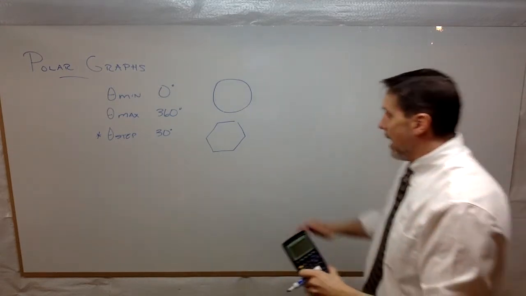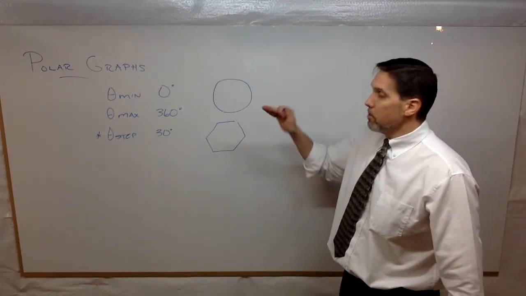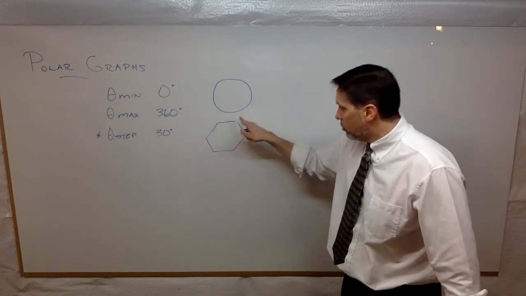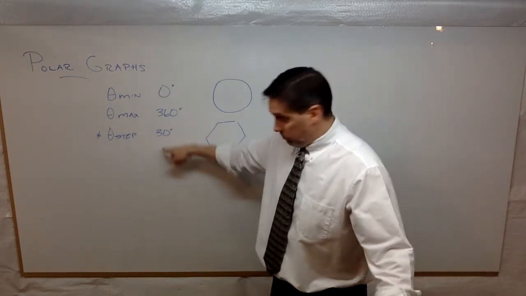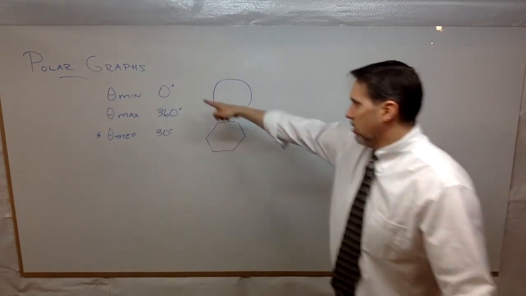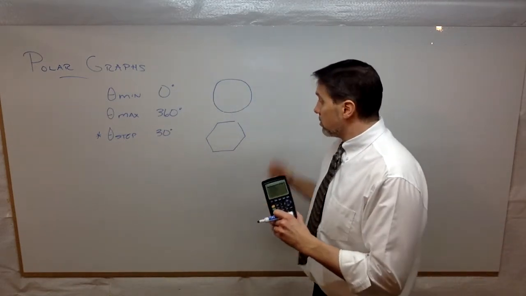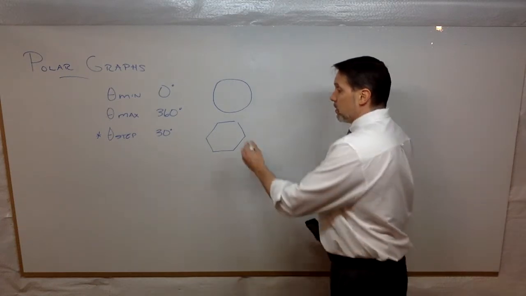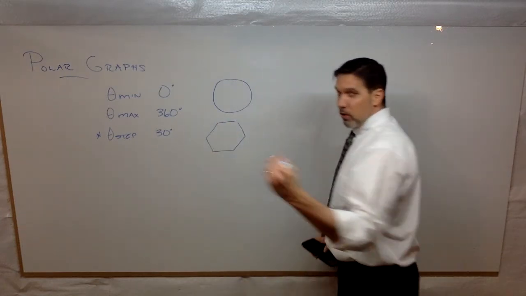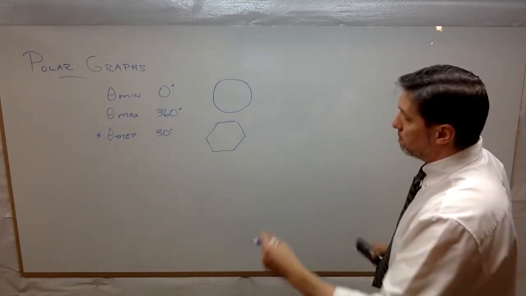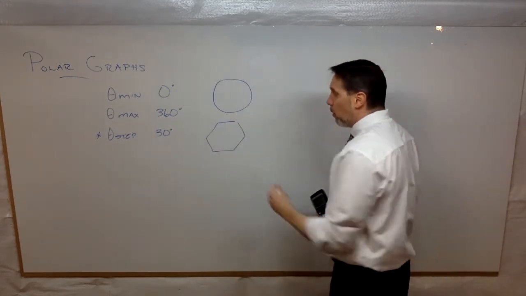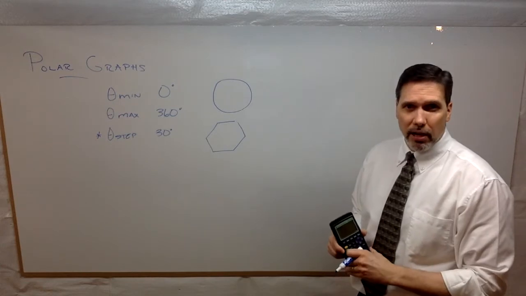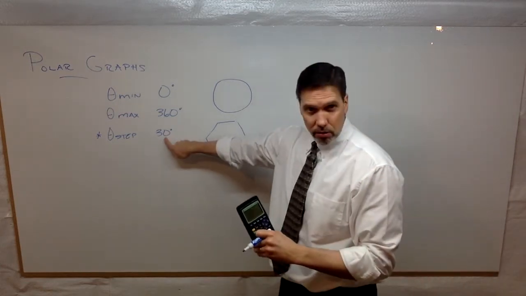It's definitely not a hexagon that you're working with, but your calculator is only going to plot the number of points that 30 would divide into 360, along with starting with 0 and hitting 360. The calculator is only going to do so many points. So if your graph starts to look choppy, very linear, sharp points, it's probably not correct. Your theta step is a little too large.